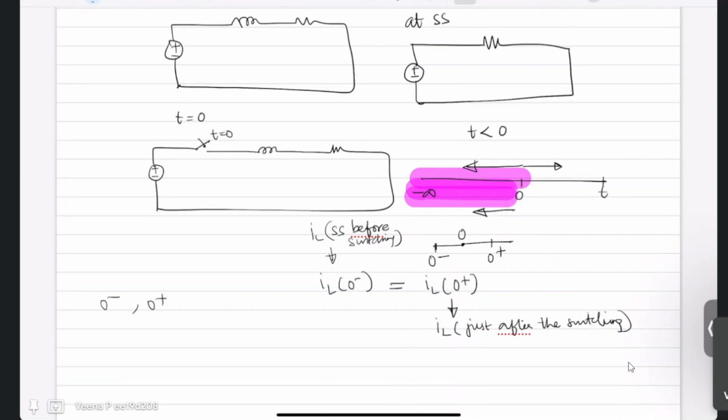In the case of a capacitor, the same relationship holds in the case of voltage. So for a capacitor, Vc of 0 minus will be same as Vc of 0 plus. That means the voltage across the capacitor before switching, which has already reached the steady state before switching, is same as the voltage across a capacitor just after the switching.